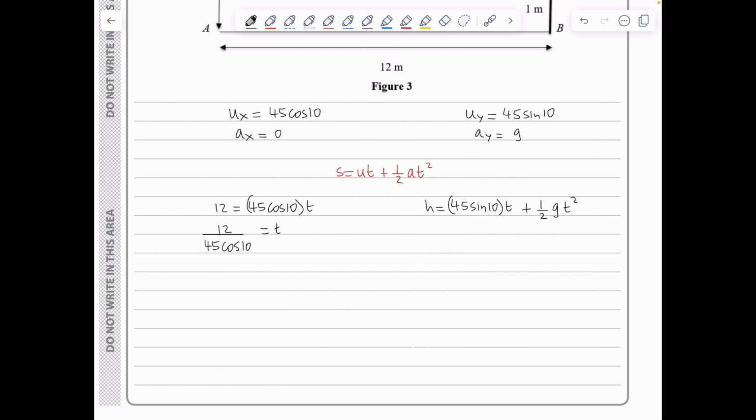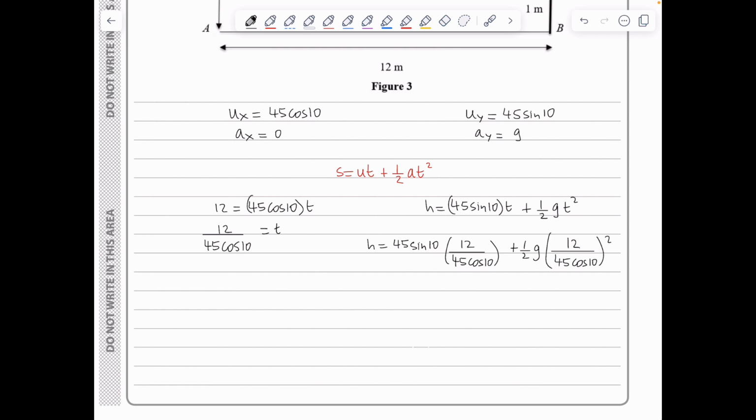So h is equal to 45 sine 10 times t, which is 12 over 45 cos 10, as we found t from the SUVAT in the x direction, plus a half times g times 12 over 45 cos 10 squared. So I can plug everything into the calculator.